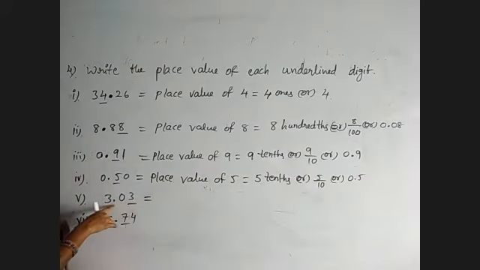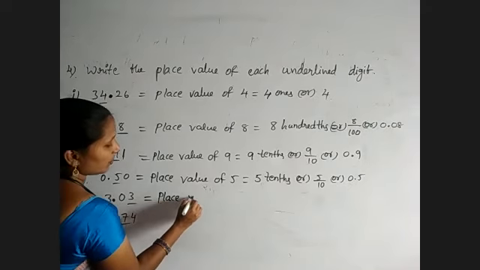For this, in this number two 3s are there, but the underlined one is this 3. So the place value of the underlined digit 3: in which place is it? In the decimal portion, so it is the hundredths place. That is 3 hundredths, 3 by 100, otherwise 0.03.